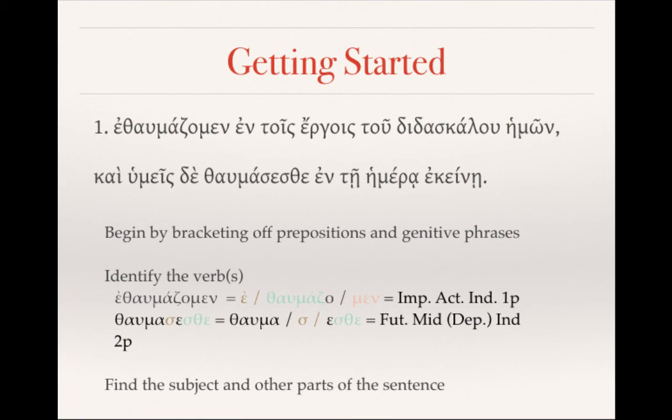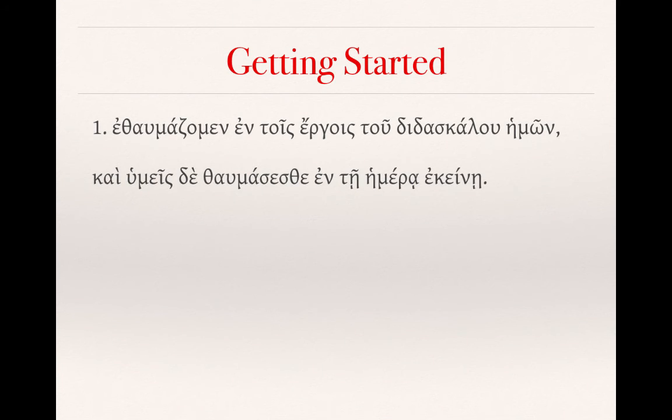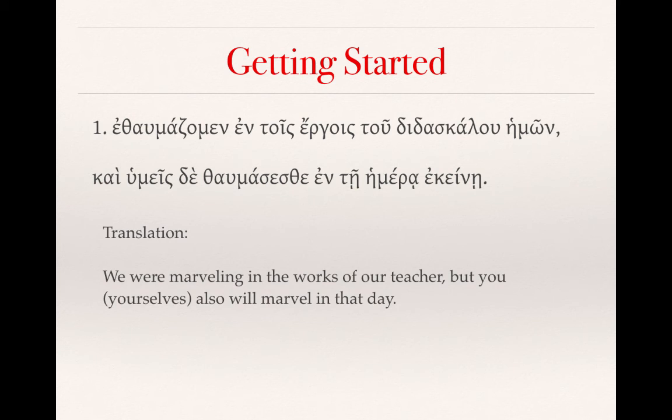And once again, we would translate en ekeine te hemera as in that day. So if we were looking for a translation of this exercise, we would translate it something like, we were marveling in the works of our teacher, but you yourselves also will marvel in that day.